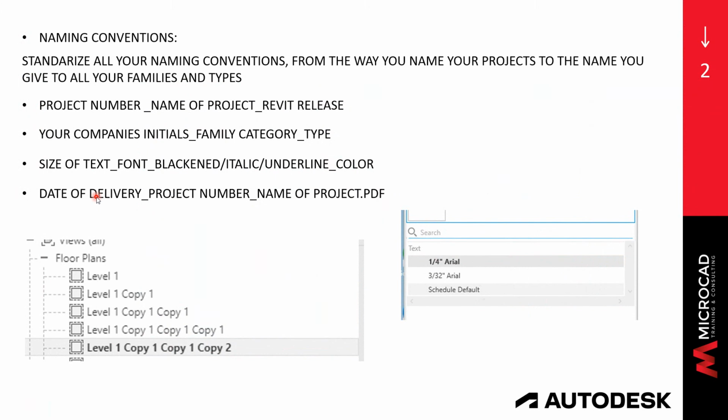I know we are in America, but I like the international naming convention of the date, just because then it allows Windows to organize those folders and those files for you. And it gives you a very good point of conversation with your clients regarding when the last project was delivered. So this is my first point regarding naming conventions.